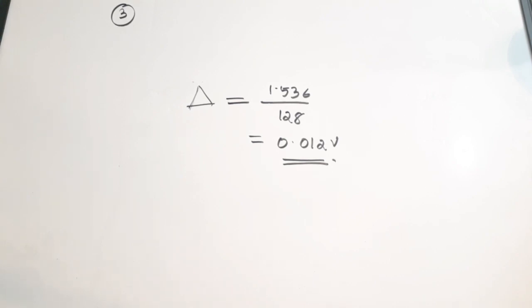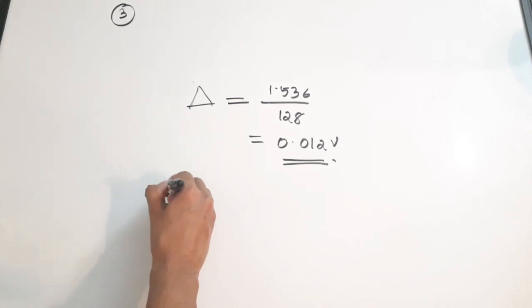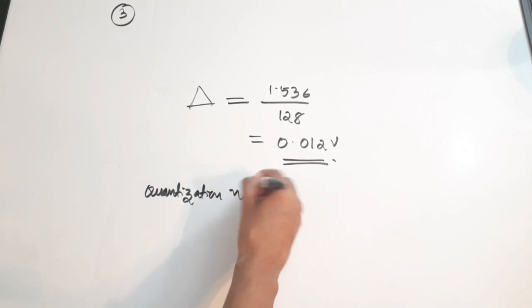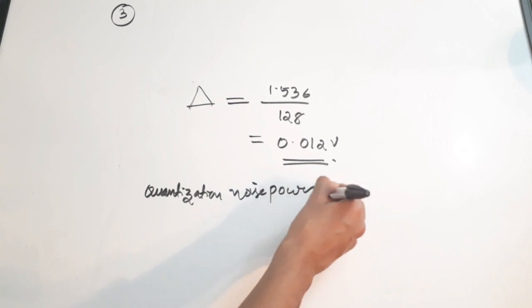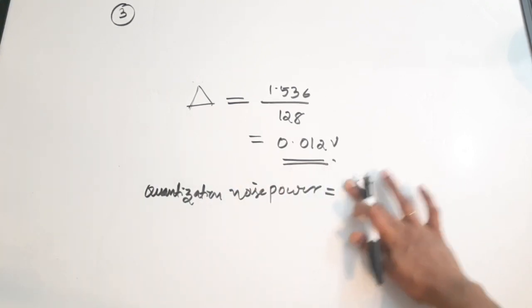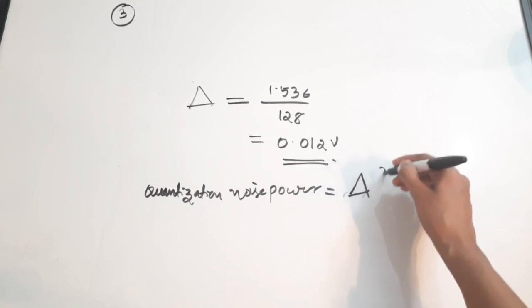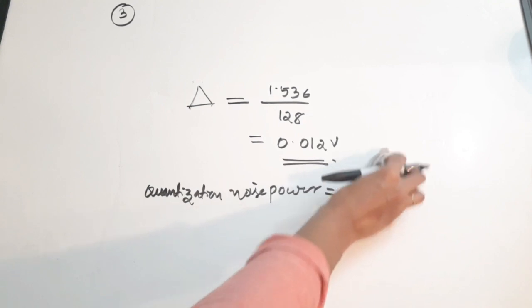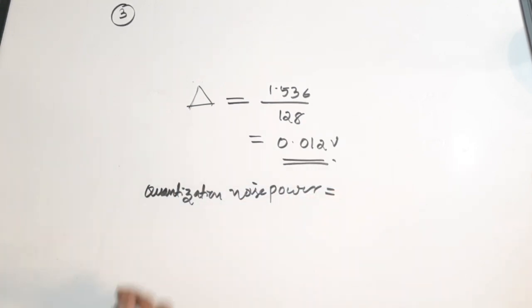Now how to find the quantization noise power? Quantization noise power is equal to delta square by 12. This is delta, right?